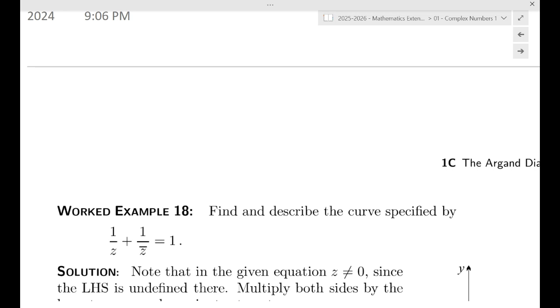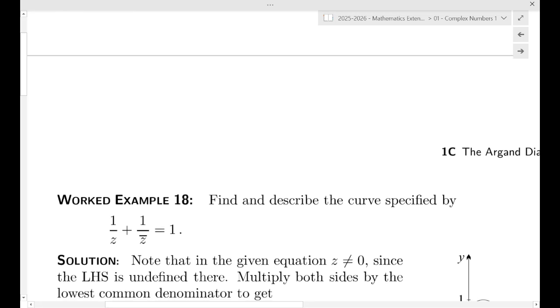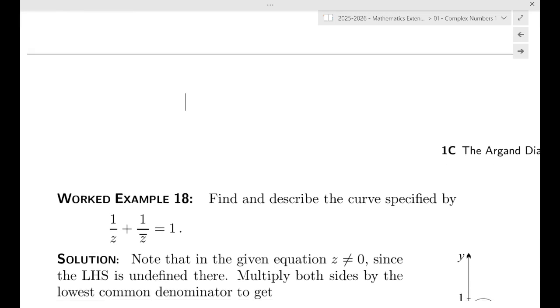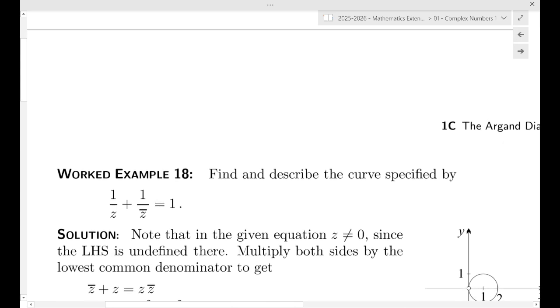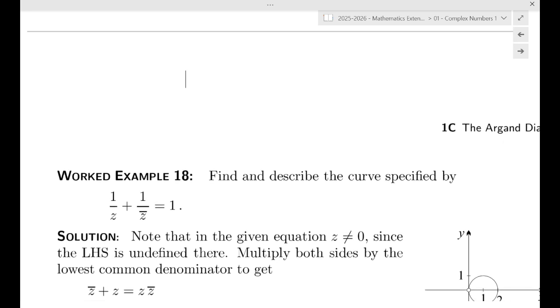So what do we do? You multiply the 1 over Z by the conjugate of Z. So basically, you're going to multiply by the common denominator, which in this case is Z and the conjugate of Z. And that means you'll end up with Z times the conjugate of Z plus Z equals the multiplication of them.